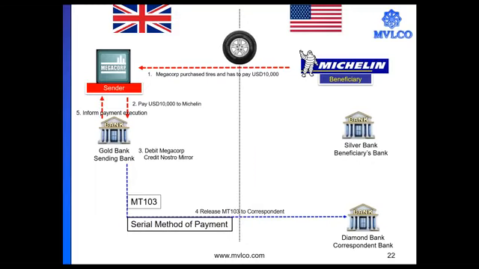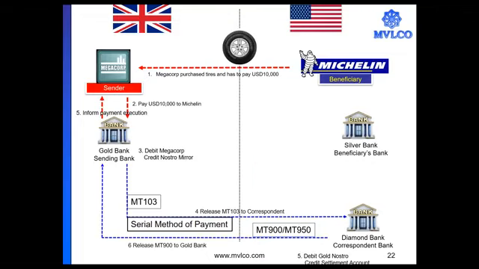Now when Diamond Bank has received the message, at that point of time, Diamond Bank would debit the Gold Bank's Nostro account in Diamond Bank's books and credit their own settlement account. They will release an MT900. We discussed MT900 earlier, and we said for every debit entry for an outgoing transaction or maybe charges, we'll issue an MT900 to the customer. So here Diamond has a customer called Gold Bank.